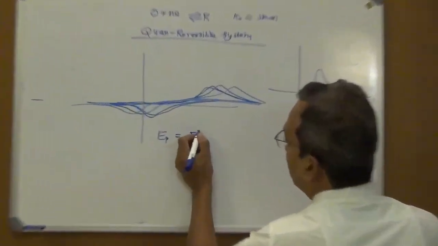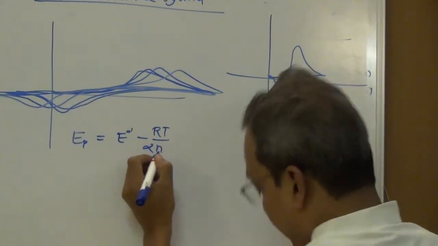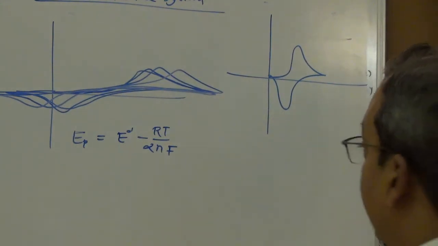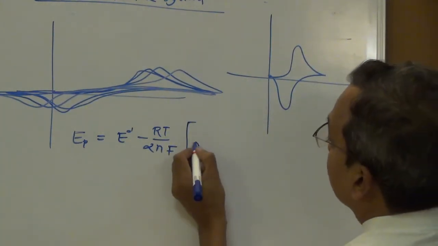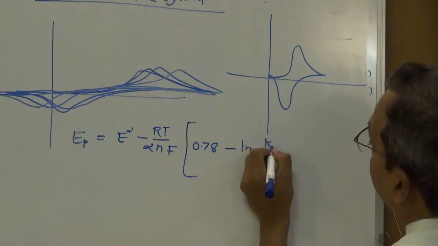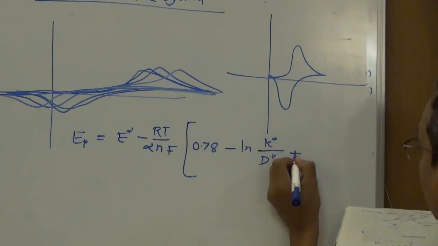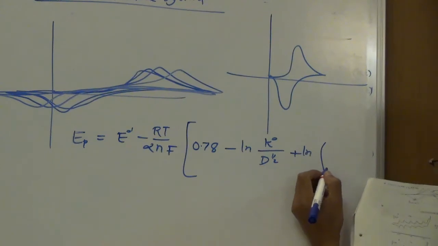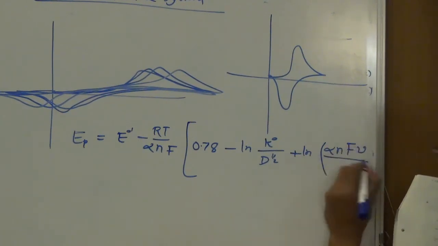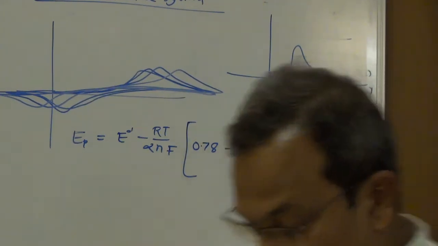By the equation: Ep = E0' minus RT by alpha n F, where alpha is the transfer coefficient we studied in the Butler-Volmer equation, times 0.78 minus ln of k0, remember k0 is the standard rate constant, upon D raised to half, plus ln of alpha n F nu upon RT raised to half, where n is the number of electrons transferred, F is Faraday's constant, and nu is the scan rate. So peak potential changes with the scan rate.